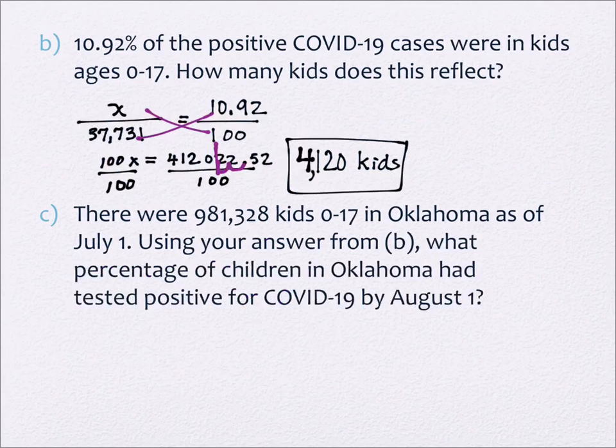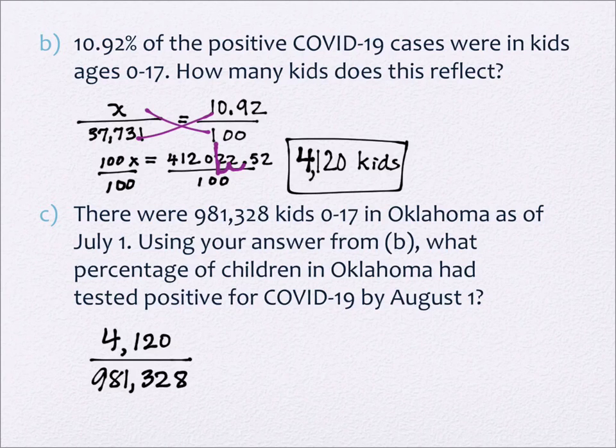So this question's asking, well, how does that affect children? Is it also 1% of children, or is there something different? So we have 4,100 children out of the total 981,328 children. And we want to know what percent that is out of 100.